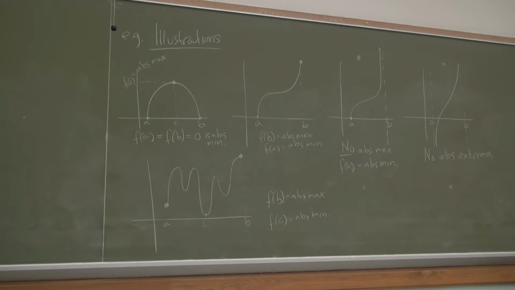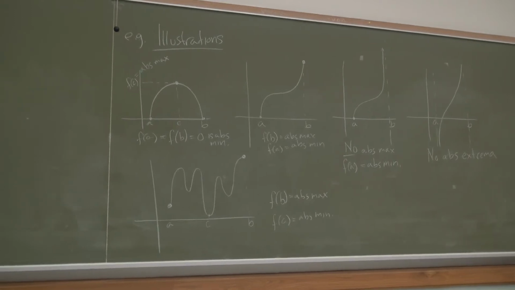We want to talk about the behavior of functions in terms of the largest values they attain. Let's do some definitions. There's something called absolute max and min, and there are things called relative max and min.